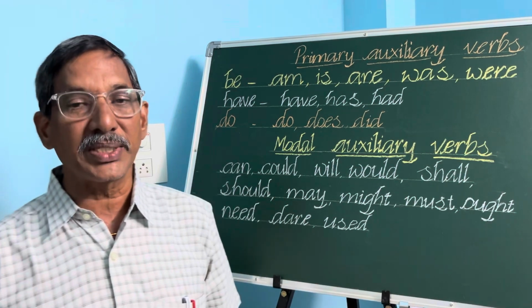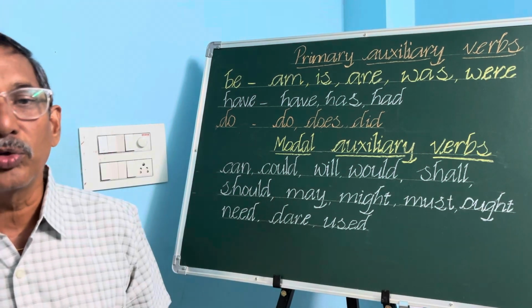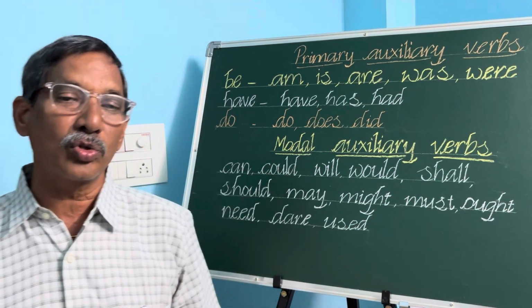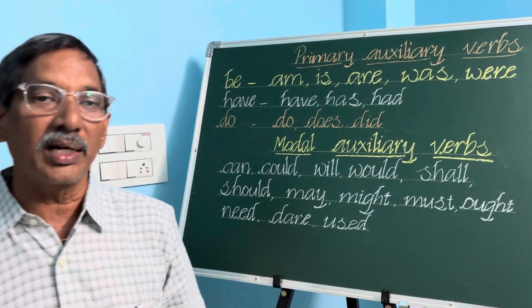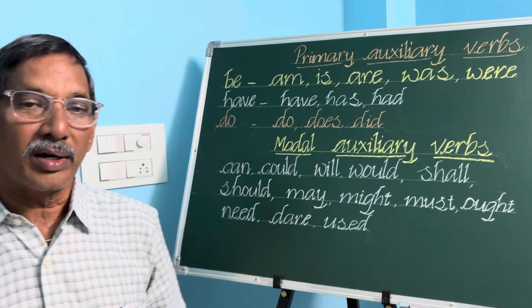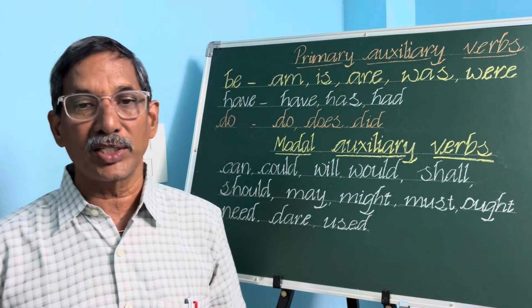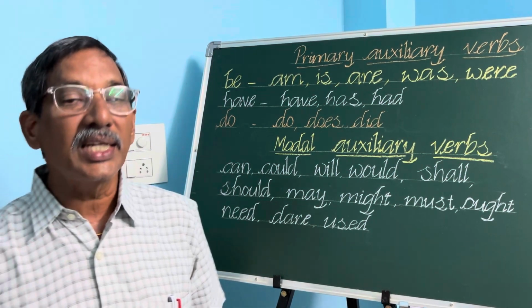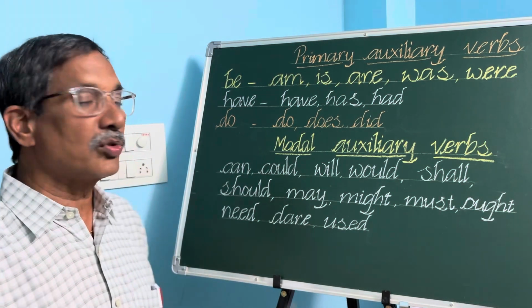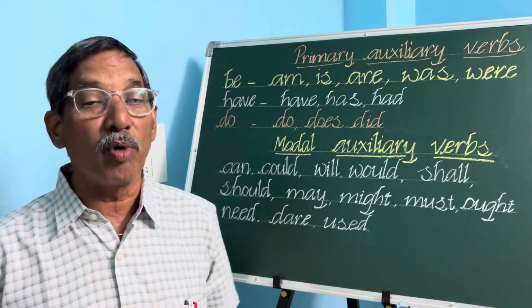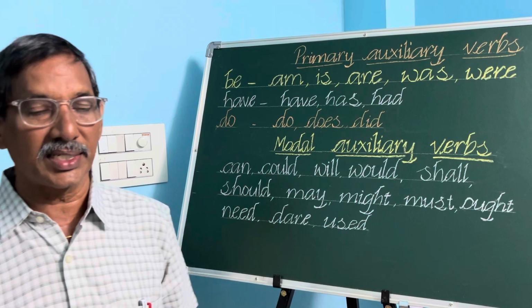So, adding emphasis. He did go to school. Somebody asked, he didn't go to school yesterday. But if you are confident of his attending school, you say he did go to school, like that. And modal verbs are used to express the modality of the sentence.